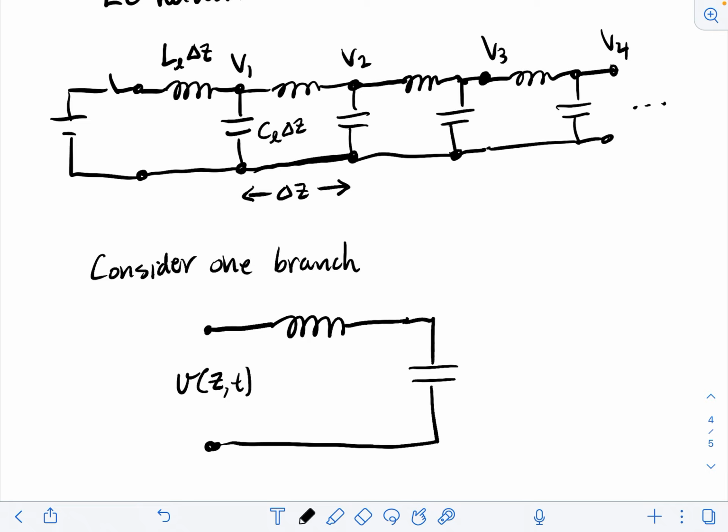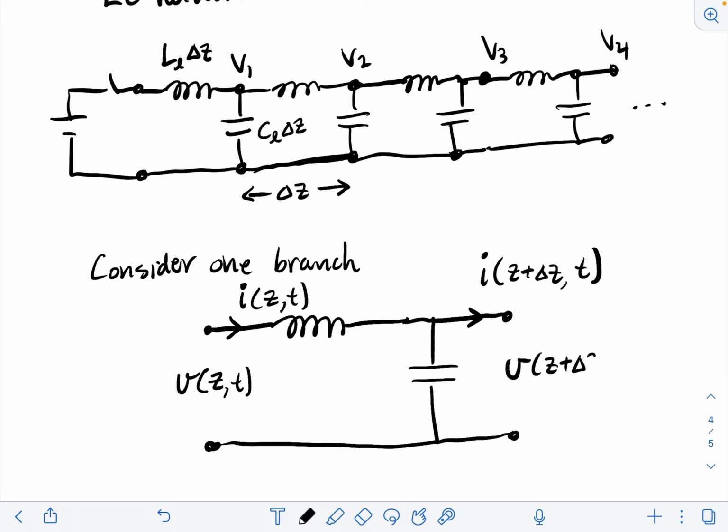And likewise, we'll have some current at position Z and time t. Then over here on the right-hand side of our LC network, we'll have advanced to position delta Z. And so now we have a current at position Z plus delta Z, and it's also going to be potentially time dependent. And the voltage at this output is at position Z plus delta Z, and it is a function of time.